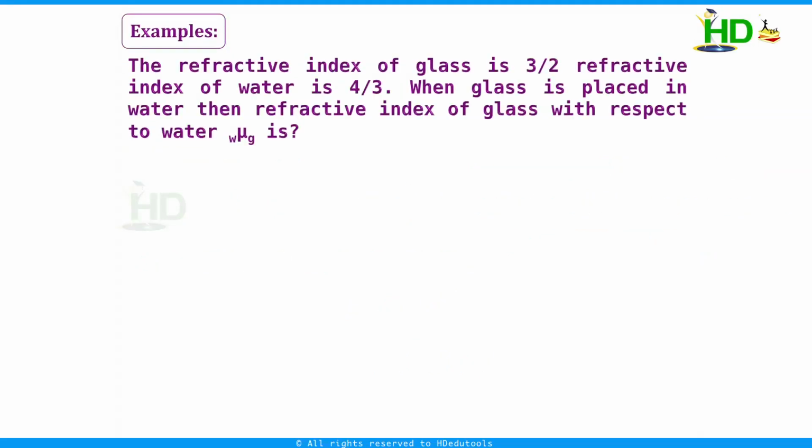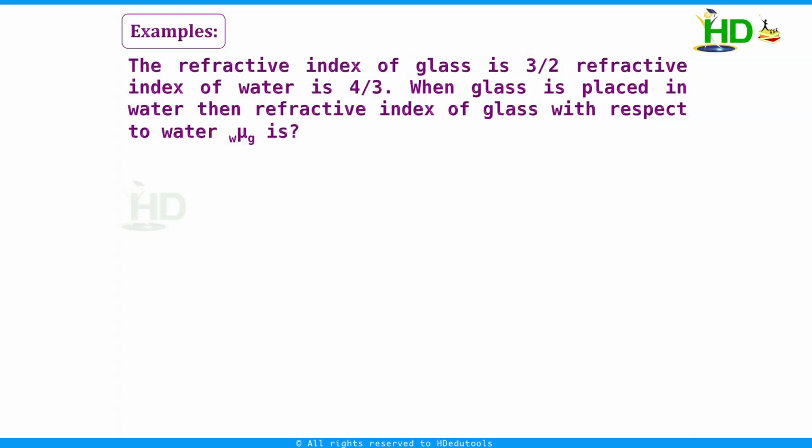We take another example. The refractive index of glass is 3 by 2. The refractive index of water is 4 by 3. When glass is placed in water, what is the refractive index of glass with respect to water? The refractive index of glass being 3 by 2 means this is the value with respect to air or vacuum.